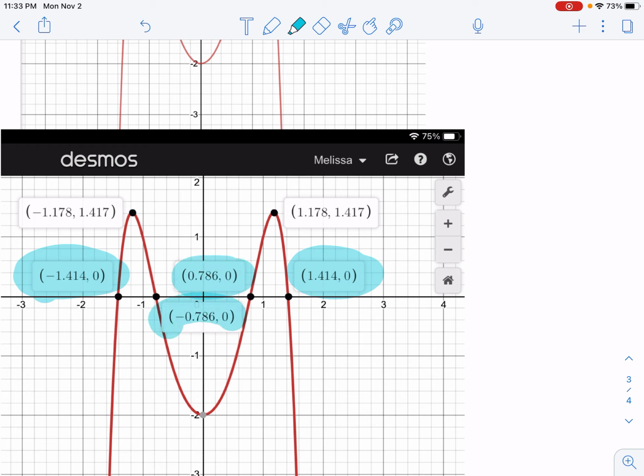Here I've got the same sort of pair. And then here I've got 1.178 and 1.4. What kind of thing did I graph, you may be wondering. But you notice that they match up. They're sort of paired together. So by looking at a table of values or just a list of values, you're already probably kind of thinking, well, I think it might be even.